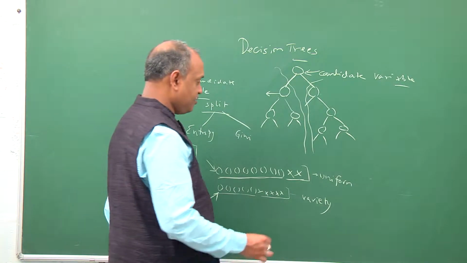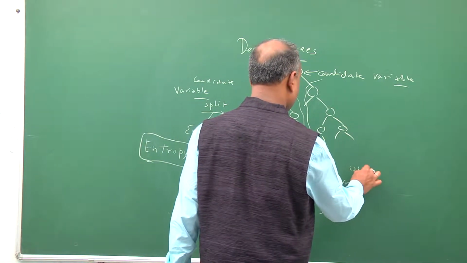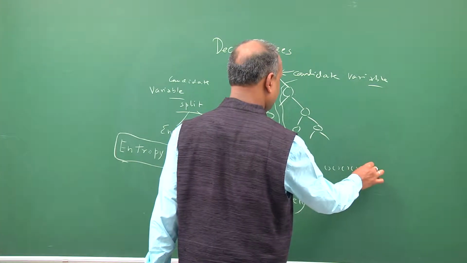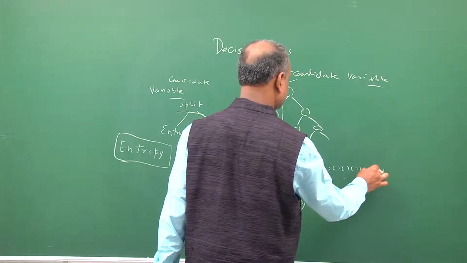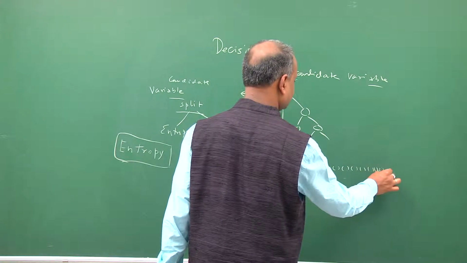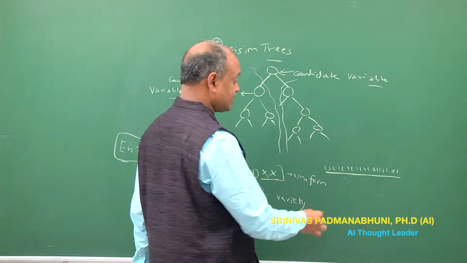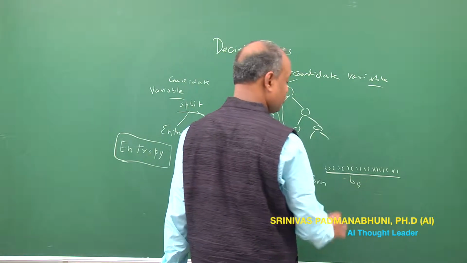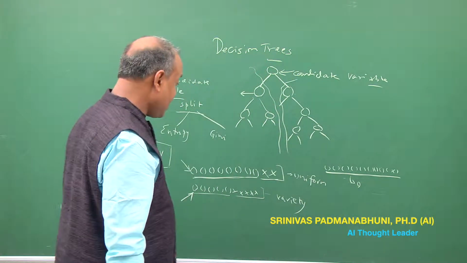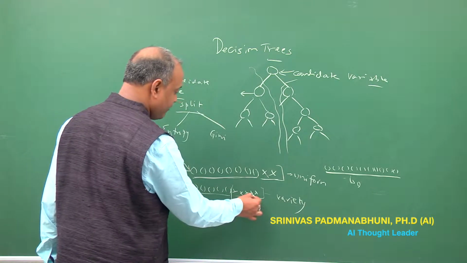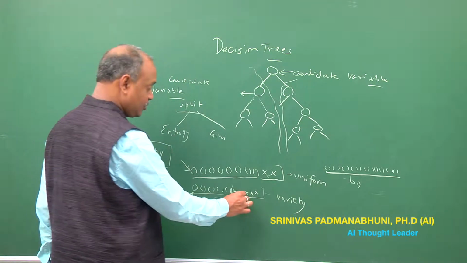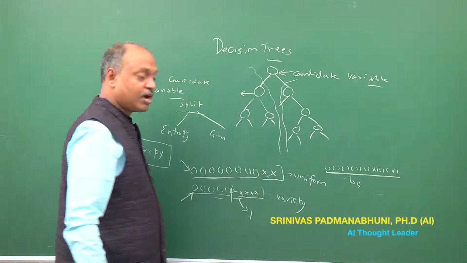Suppose in the extreme case, we have all of them of the same type. Then we call that an entropy of 0. On the other hand, if you have something which is equally divided into two types, this has a perfect entropy of 1.